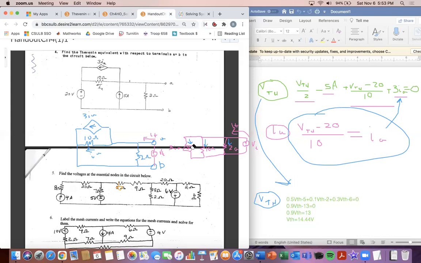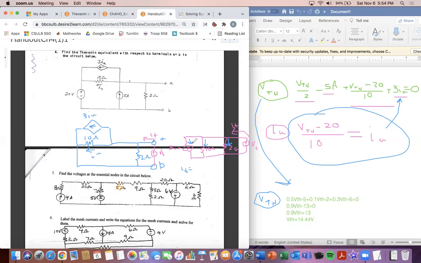And now we need to solve for that, so I'm going to write an equation. The test current is going to be equal to, and looking at this, it's a parallel circuit, and in a parallel circuit the voltage drop is the same. So going first for this one right here, the current going down here is VT divided by 2 ohms, because the voltage drop across all of these is the same, and VT is in parallel.